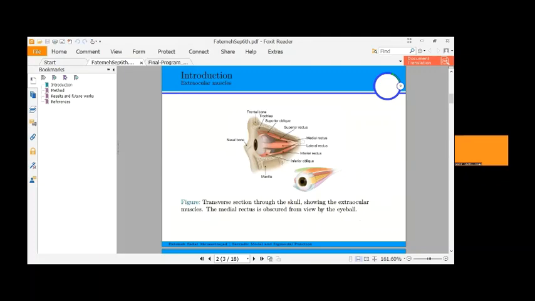There are 7 extraocular muscles: the levator palpebrae superioris, the superior oblique, the superior rectus, the medial rectus, the lateral rectus, the inferior rectus, and the inferior oblique. Functionally, they can be divided into 2 groups. The first group is responsible for eye movements, and the second group is responsible for superior eyelid movements.